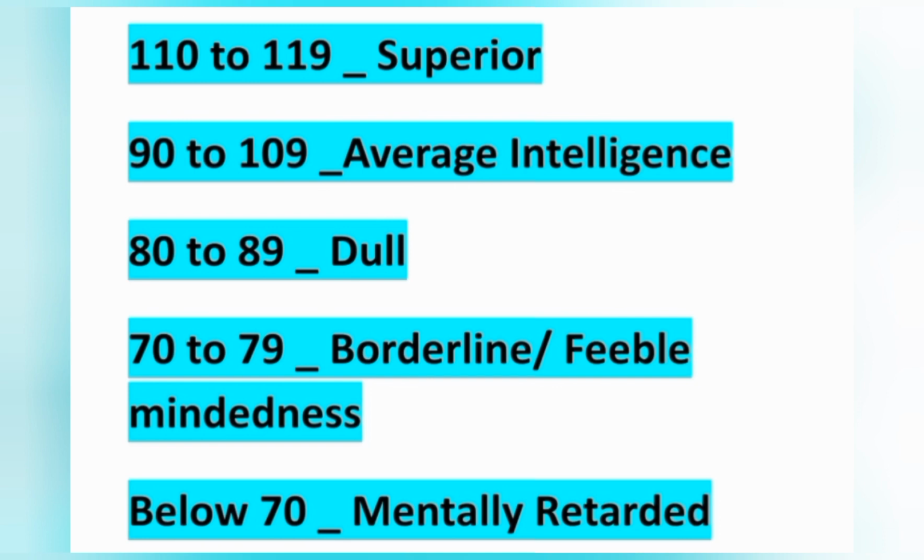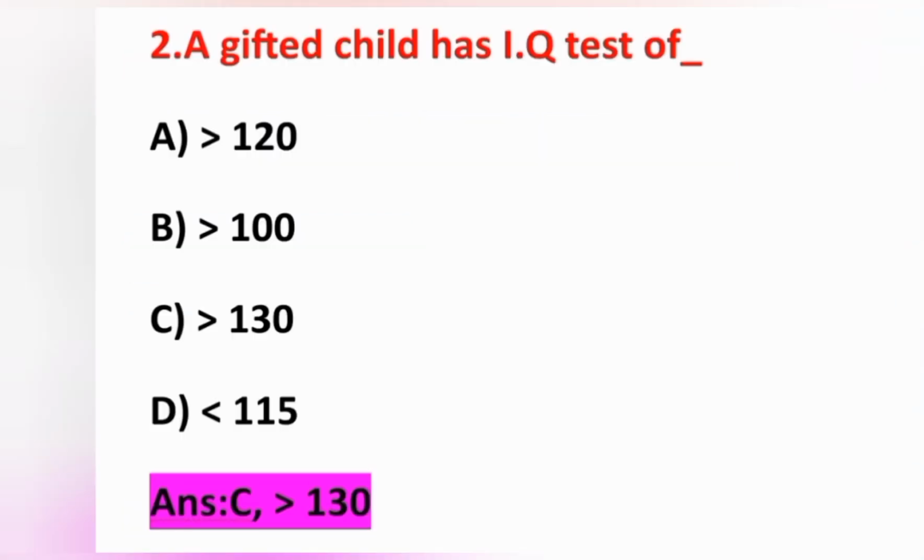The IQ range of 90 to 109 is called average intelligence, 80 to 89 is called dull, 70 to 79 is called borderline or feeble-mindedness, and below 70 is called mentally retarded. This is the IQ range according to the Terman test. Here the question is the gifted child has the IQ of option C greater than 130.